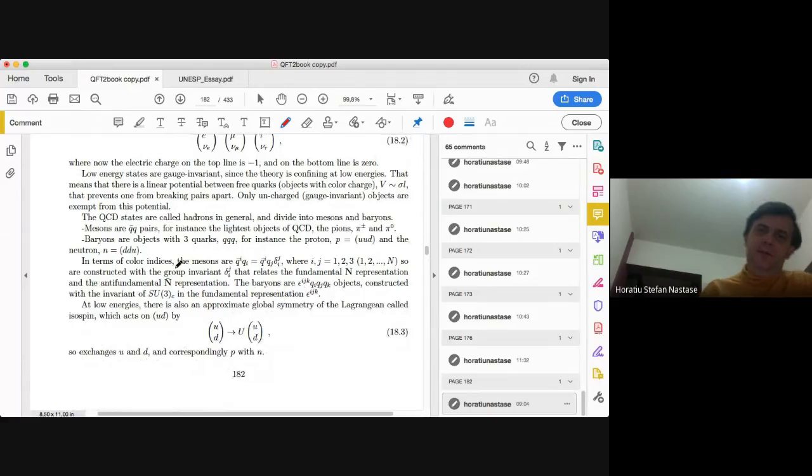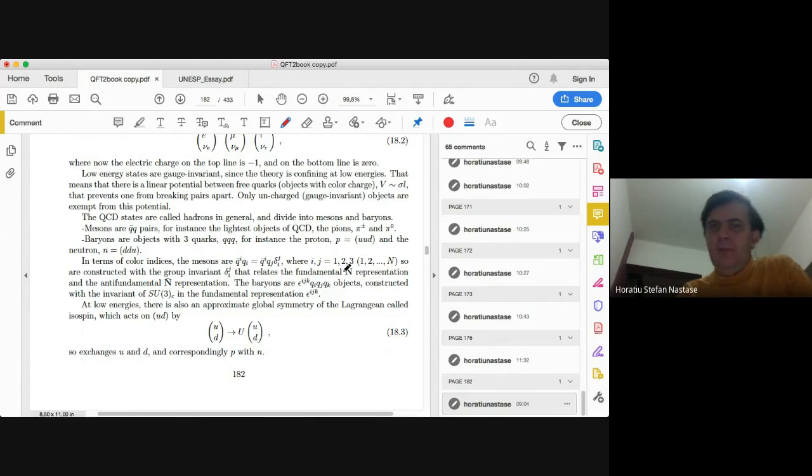In terms of color indices, when I say Q bar Q, I mean really Q bar with I up and Q with I down, or you can define it the other way around. But the point is that there's a delta ij with one index down and another index up.